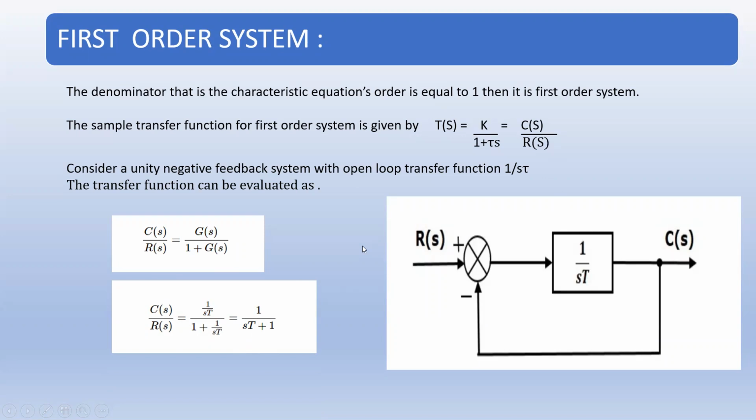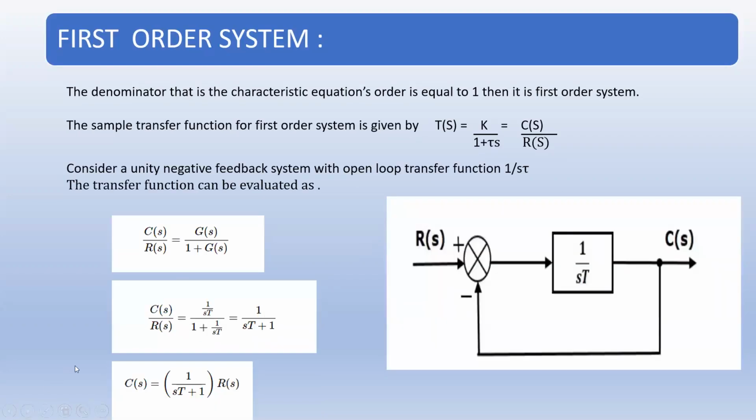So let us move on. This is the corresponding output in the Laplace domain with respect to input R of S. Let us take different signals R of S and see how they lead to the corresponding output.